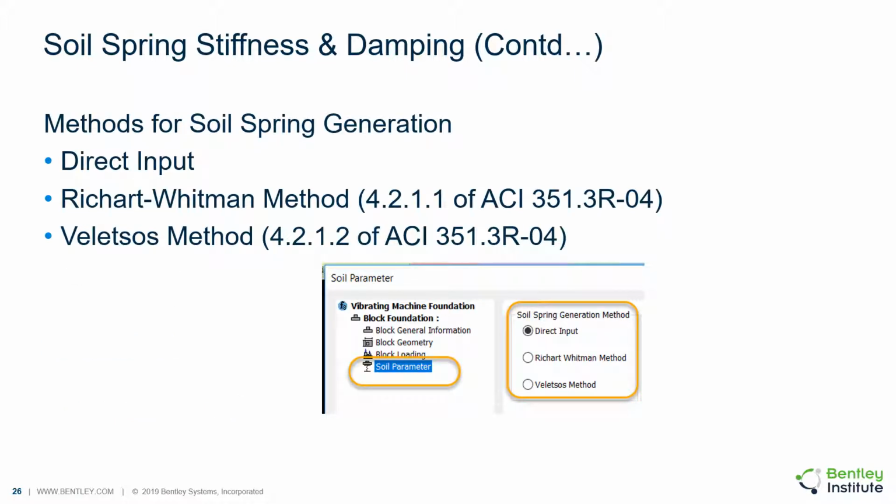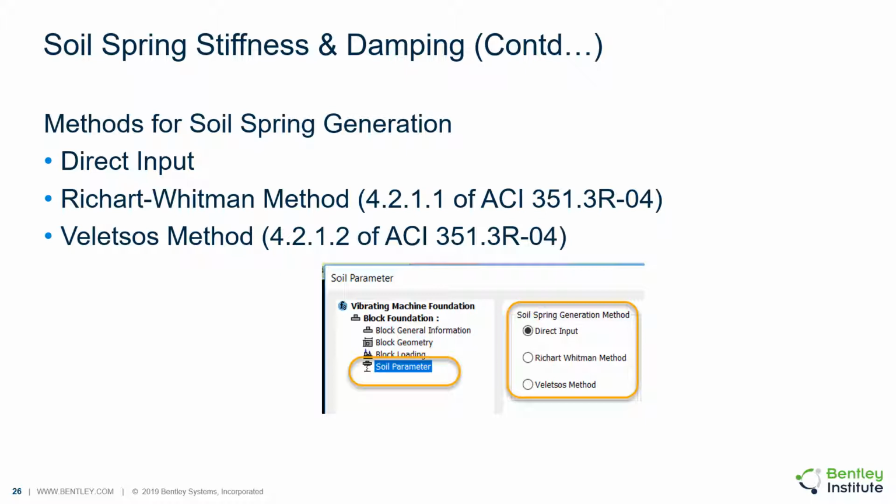Now coming to the actual calculation of the soil springs. In STAAD Foundation Advanced, you can input these using any of the three methods as mentioned in this slide. If the soil spring stiffness and damping values are provided by the geotechnical engineer, you can directly input those. Else, you can choose the Richard-Whitman method or the Veletsos method as outlined in the ACI 351 and let the software calculate these values for you.